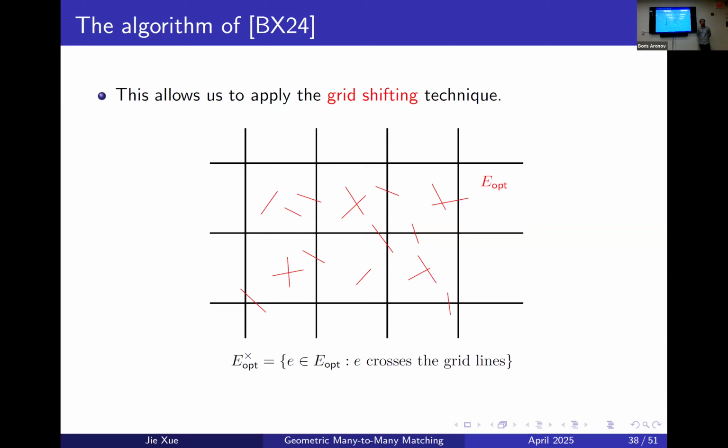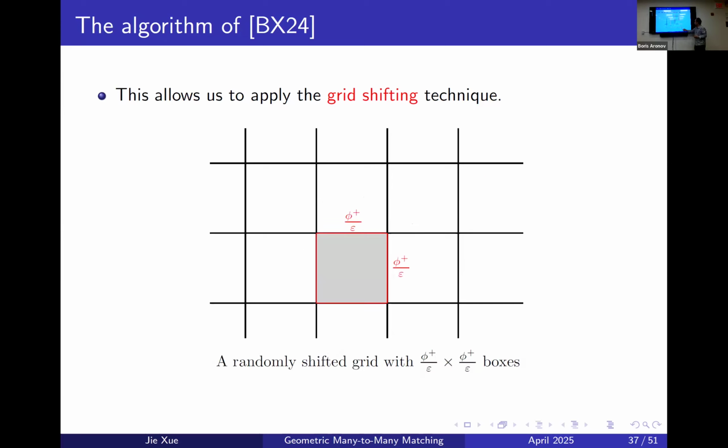Notice that I use the upper bound for the length of this edge in the optimal solution. The upper bound is 2 phi plus, right? Because the length of each one is at most 2 phi plus. So the probability where each edge intersects the boundary of this cell is, okay, the side length of this cell is phi plus over epsilon.